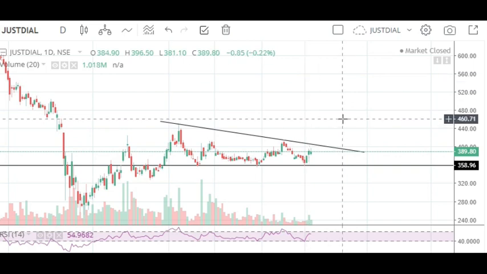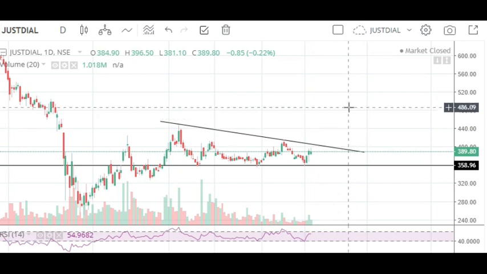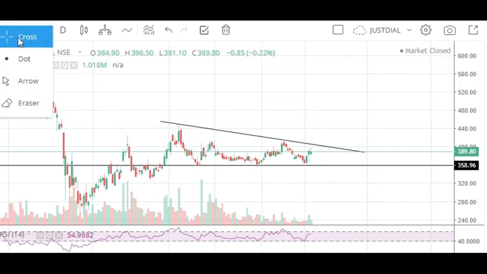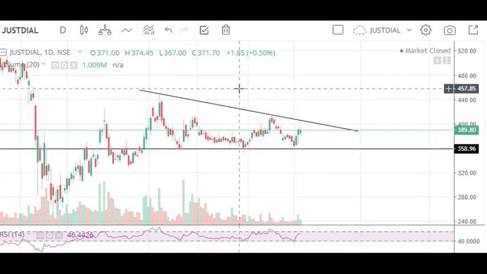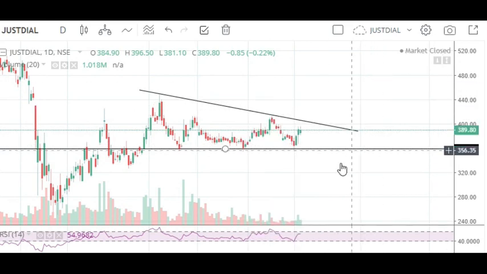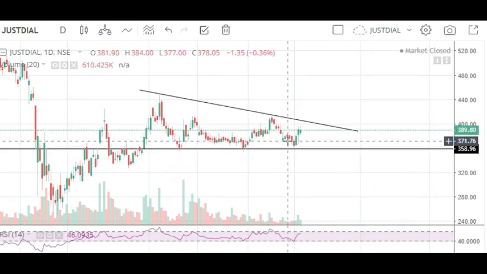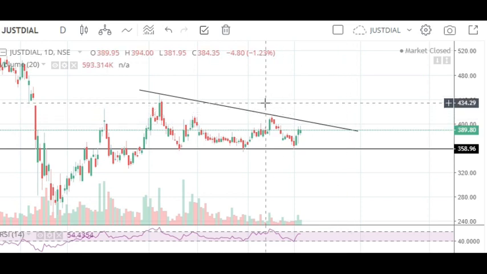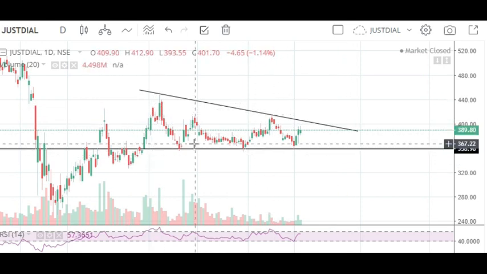Identifying chart patterns, breakouts, and supply and demand are all involved in price action trading. If you are familiar with price action, you can use that strategy to select stocks for swing trading. So over here, for example, I have a descending triangle pattern.